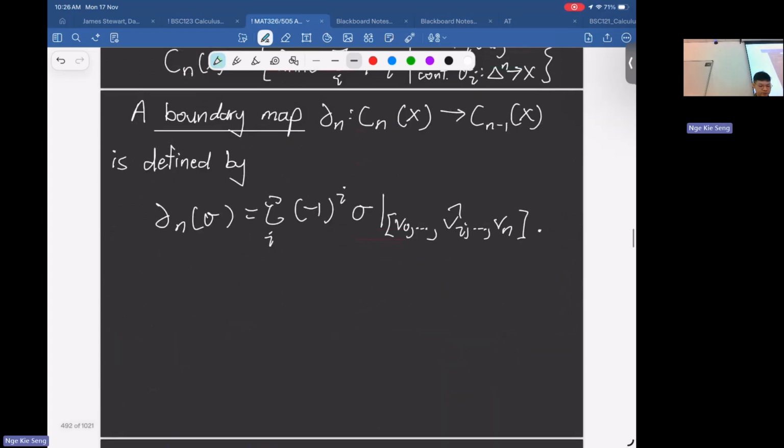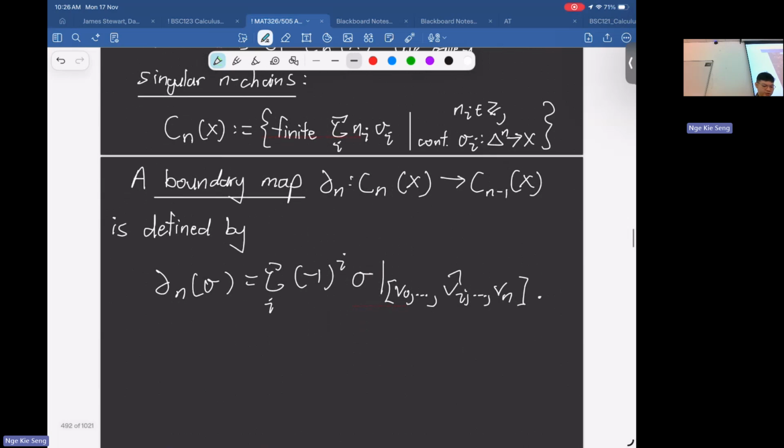Finite sum is just finite sum, meaning any finite sum you could take, maybe like n1 sigma 1, just stop here. Or you can take n1 sigma 1 plus n3 sigma 3.